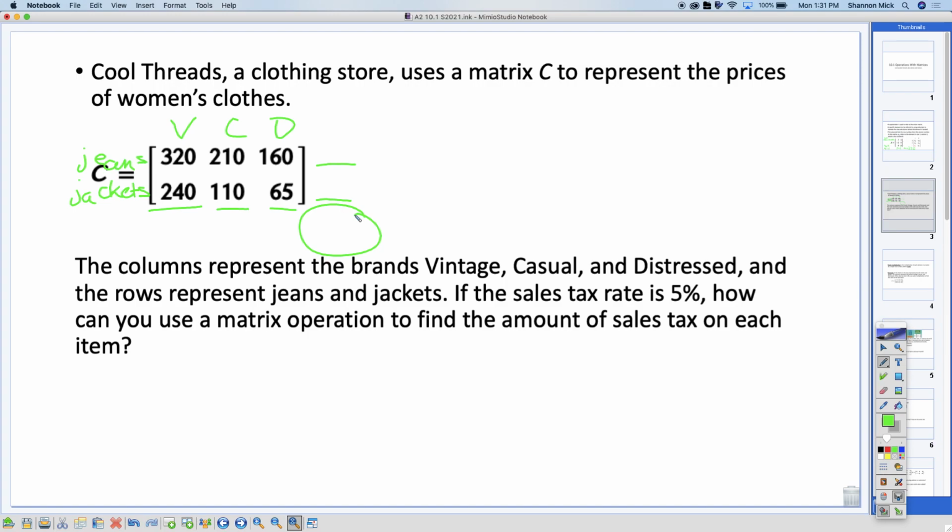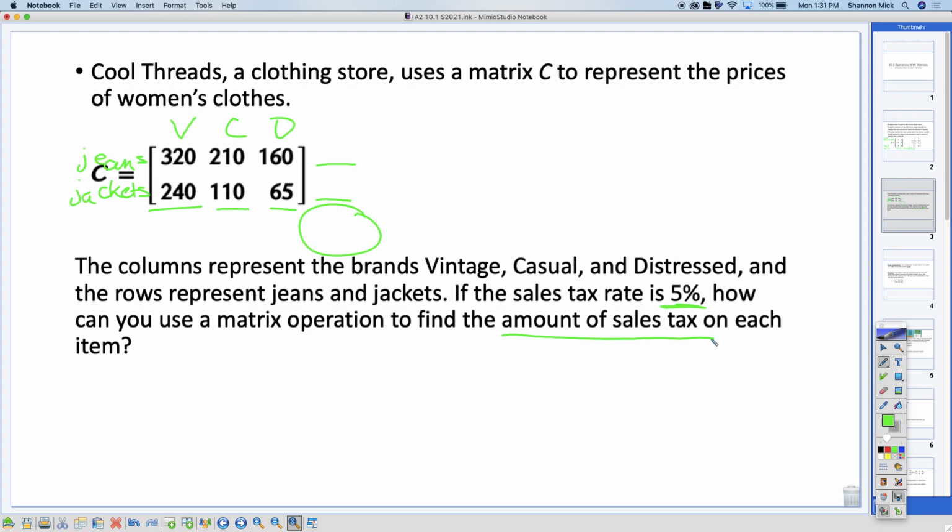So it wants to know what operation I could do to this if I want to have a 5% sales tax and I want to know the amount of the sales tax. So what would I have to do with each of those things? Times each of those things by 0.05, wouldn't I?